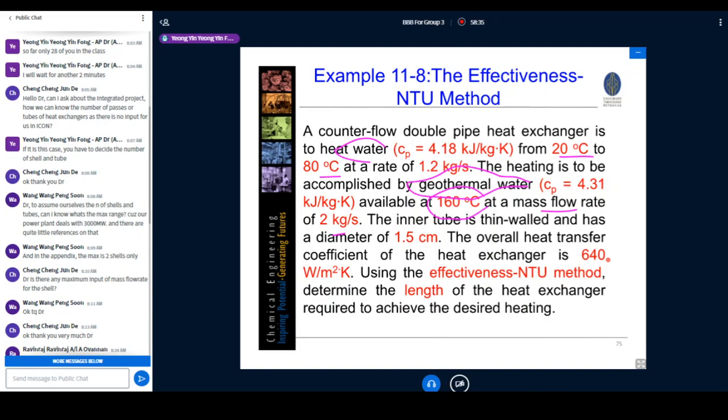and then CPC is equal to 4.18 kilojoule per kg degree C. Okay, the outlet temperature is given, TC out here is equal to 80 degrees C, and then here the TH in is geothermal water.